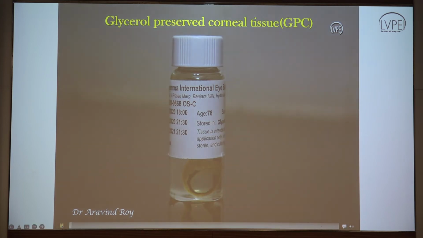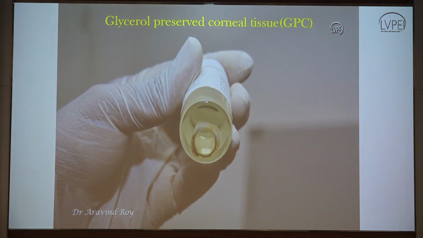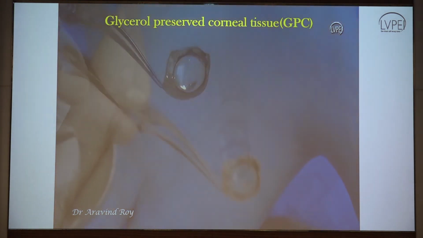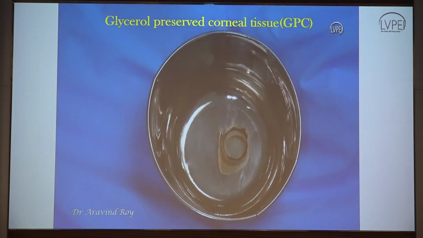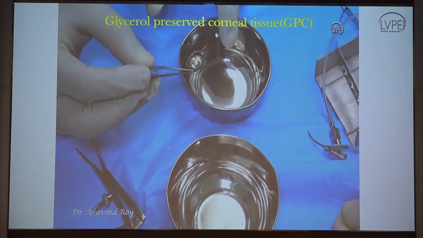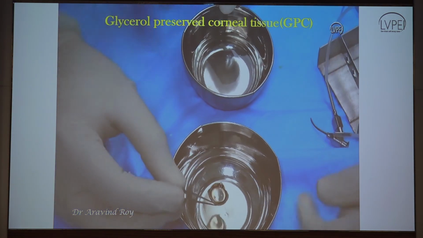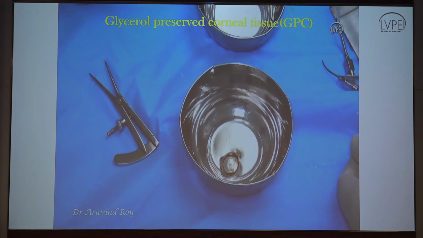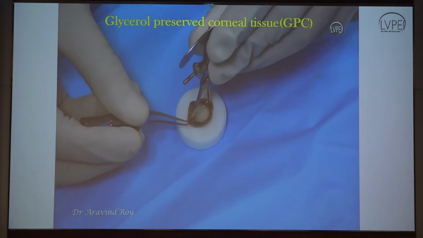Once the tissue is there, it can be frozen at -4 or -20 degrees, and it is allowed to thaw, then soaked in normal saline or BSS, thoroughly rinsed, and transferred to another bowl where it is kept and prepared before the surgery.